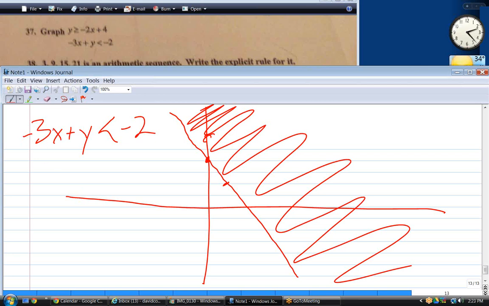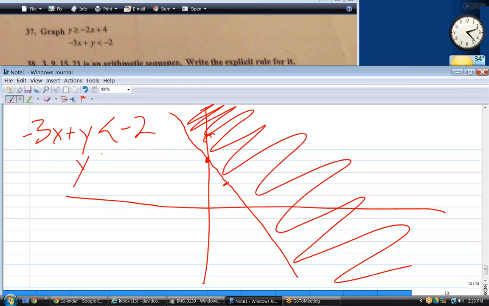You have to do the opposite of what's being done. Right now it's a negative 3x, so I have to do a plus 3x to both sides. So that's one way to realize that the sign is going to change. It's never going to be the same. When you move a term to the other side of the equation, the sign always changes.